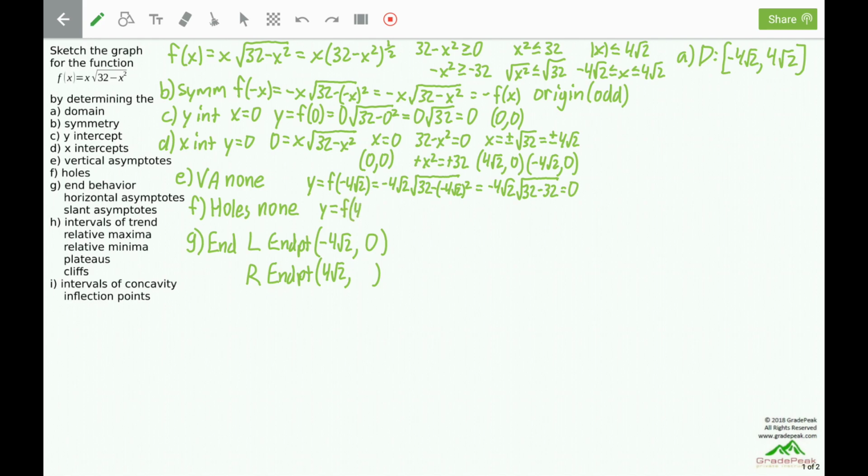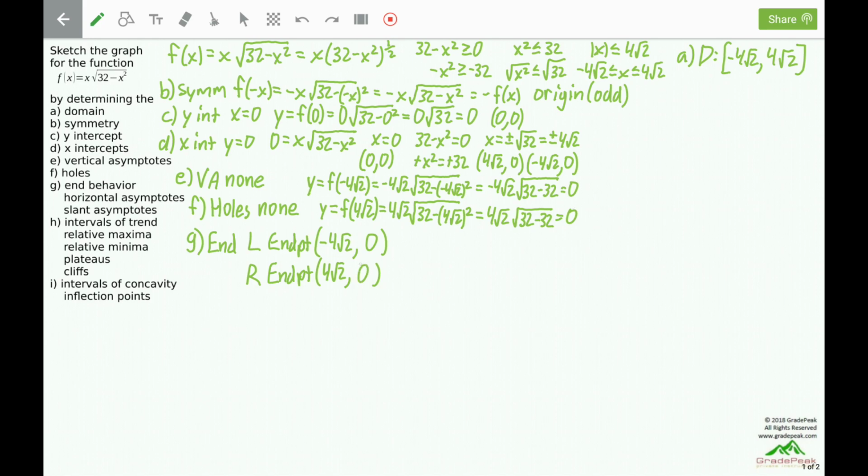So y will be f of positive 4 square roots of 2, which will be positive 4 square roots of 2 times the square root of 32 minus positive 4 square roots of 2 squared, which is 4 square root of 2 times the square root of 32 minus 4 squared is 16, square root of 2 squared is 2, 16 times 2 is 32. 32 minus 32 is 0, square root of 0 is 0, 0 times anything is 0.